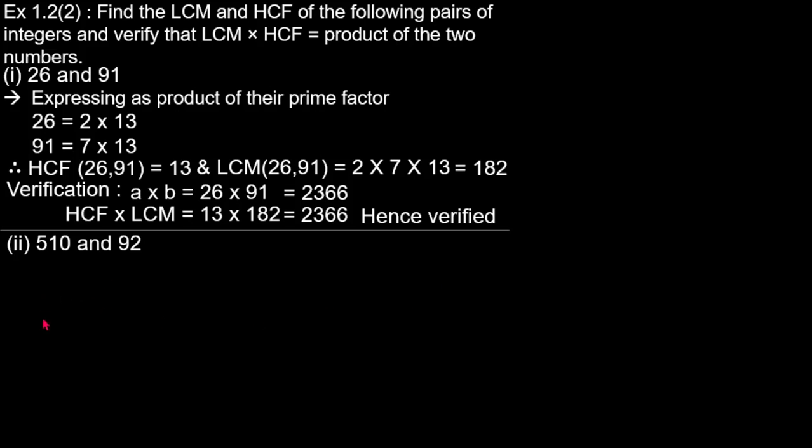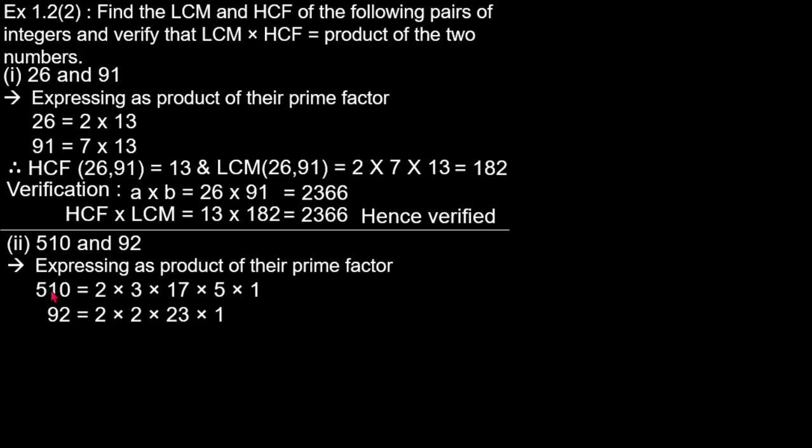Next, 510 and 92. Let us write them in terms of prime factors again. 510 can be written as 2 into 3 into 17 into 5. Similarly, 92, if you go on dividing by 2, you get 2 into 2 into 23. Whatever is common will be the HCF, that is 2.